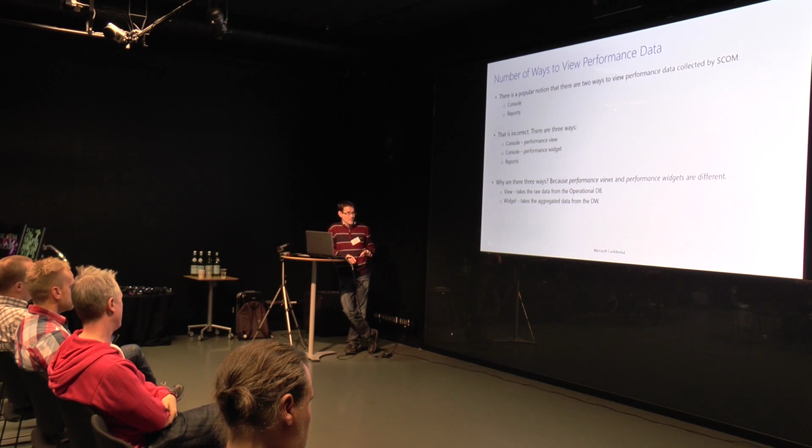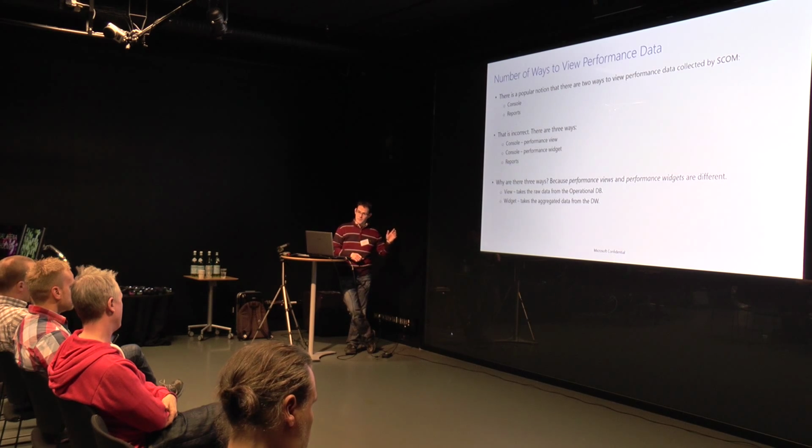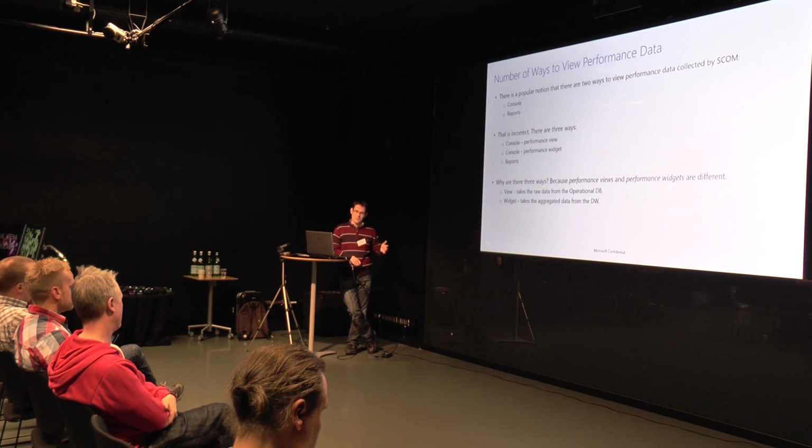In a widget, that one takes aggregated data from the data warehouse. So you do have fewer data points in a widget. But it does show you data for, let's say, 1 month ago until today, because you have that information in the data warehouse.